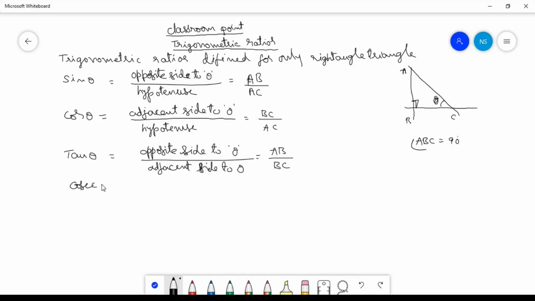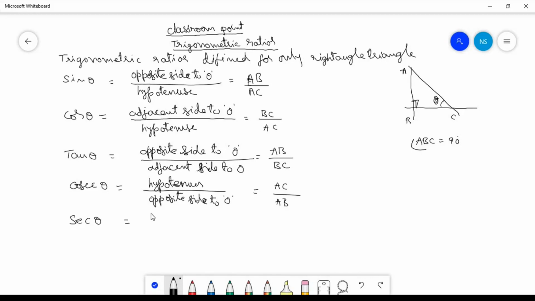Now cosecant theta is equal to hypotenuse by opposite side to theta, that is equal to hypotenuse AC by opposite side to theta AB.